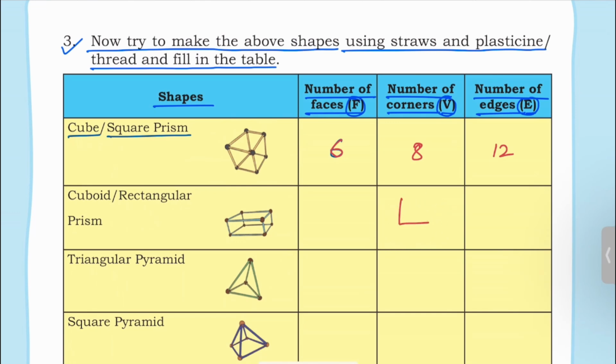Then number of corners 1, 2, 3, 4, 5, 6, 7, 8. 8 corners. And number of edges 12.